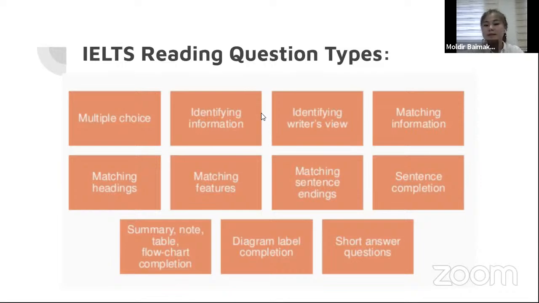We're not going to practice all the question types, but several of them that are considered among the most difficult. But for now, let me go through every single one of them again to make it more clear and also give some tips on each of them.